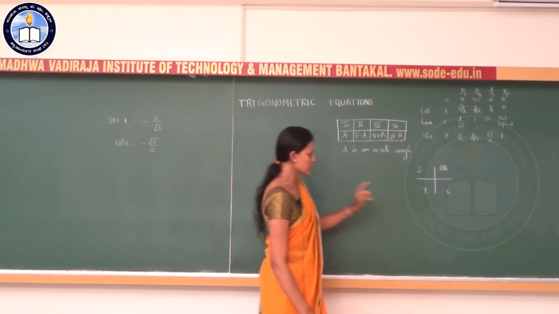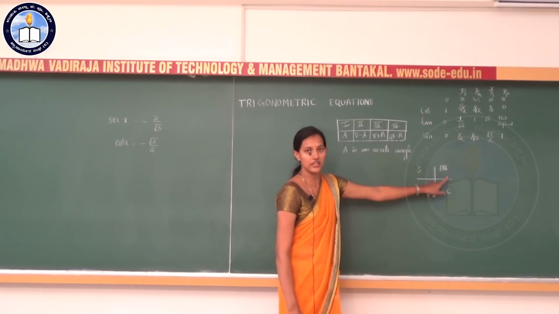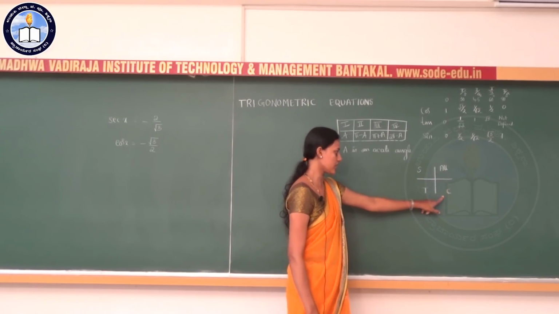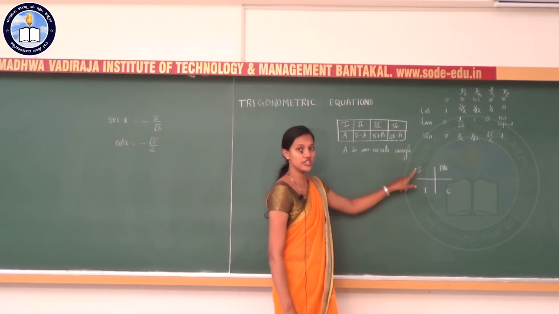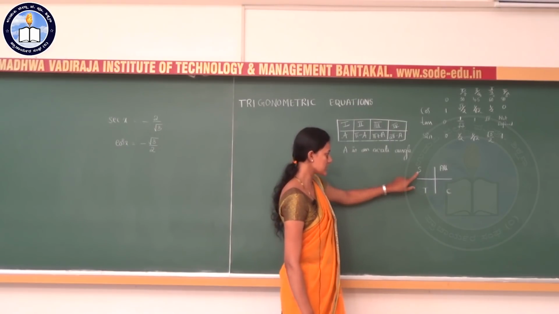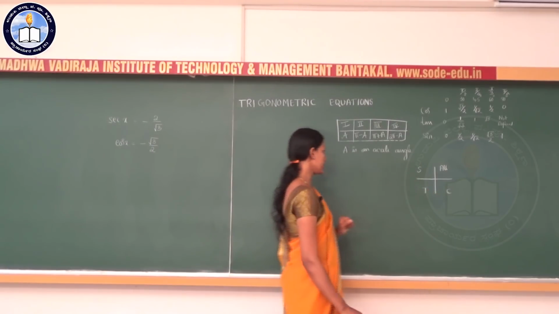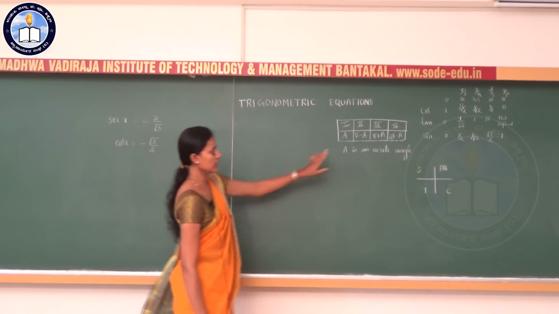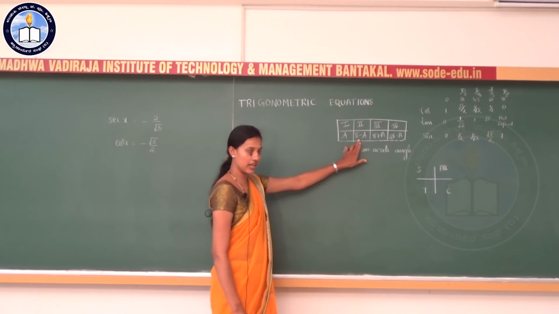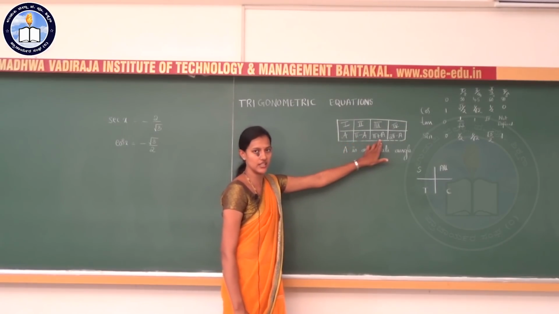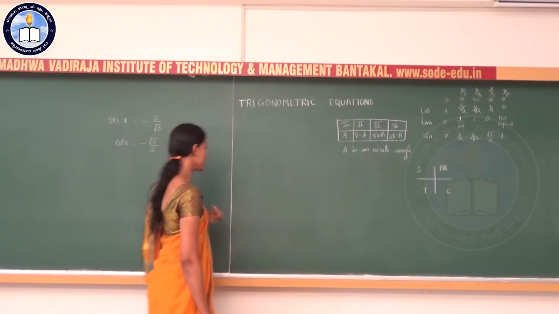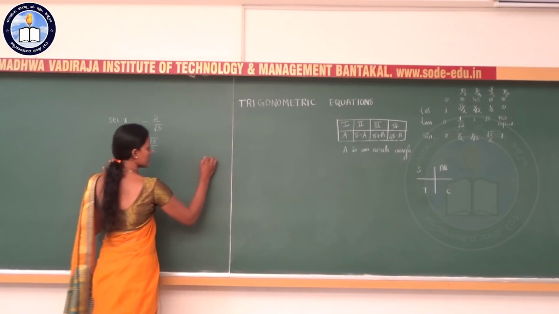Cos function is positive in first and in fourth quadrant. So, in the other two quadrants cos is negative. So, cos is negative in second quadrant and in third quadrant. So, the angles are pi minus a and pi plus a. A is the acute angle. So, here we have to find the acute angle.